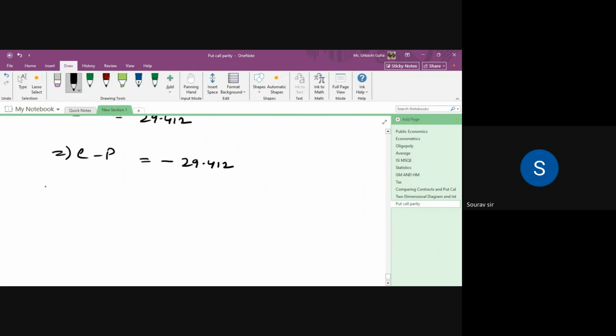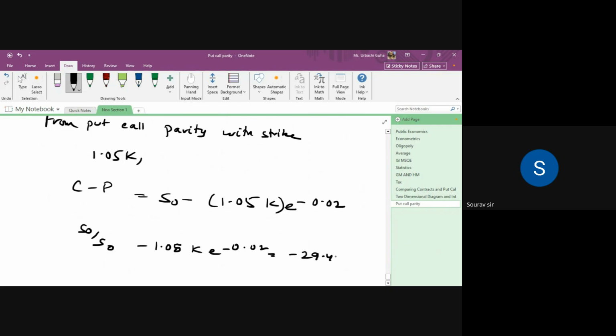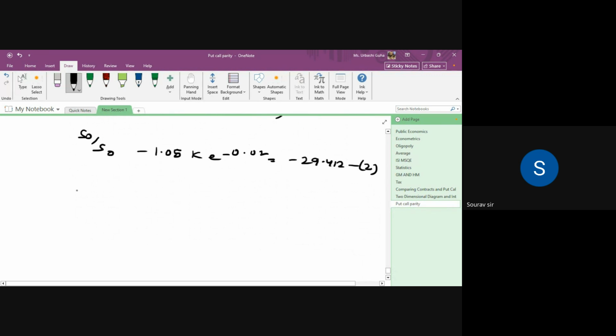So from put-call parity, with 1.05K, C minus P is S naught minus 1.05K e to the power minus 0.02. So S naught minus 1.05K e to the power minus 0.02 is minus 29.41. This is the second one.